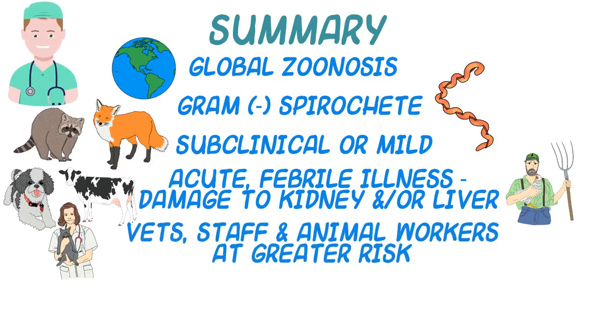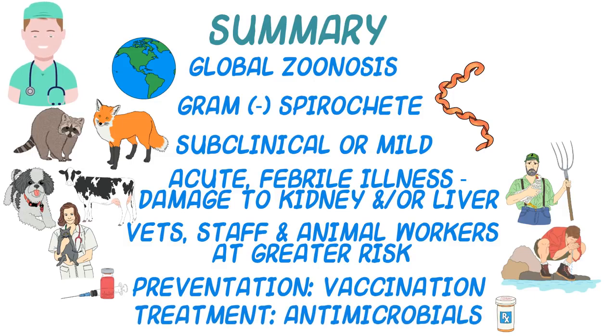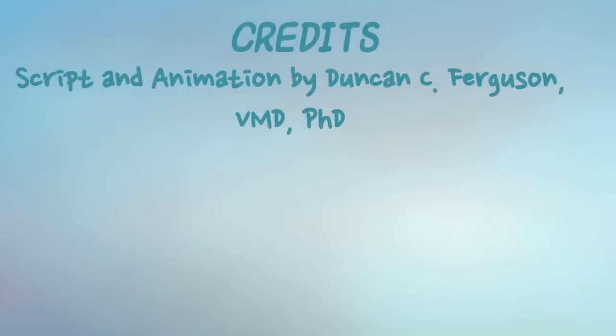Veterinary staff and animal workers are at greater risk of contracting leptospirosis, but the most common source of infection in the general public is exposure to water sources contaminated by urine of domestic or wild animals. Prevention is best accomplished through routine vaccination of domestic animals and appropriate antimicrobial treatment in the case of acute infections. Tetracyclines are recommended for eliminating the renal carrier state.